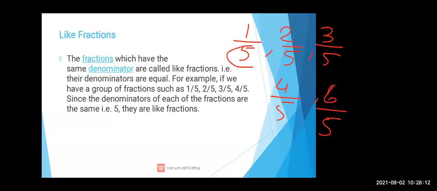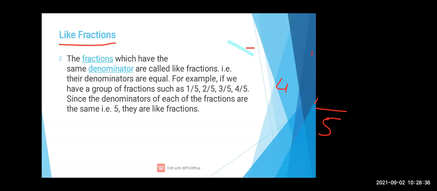Now here the denominator, देखो सबका denominator क्या है, same है, 5, 5, 5. So what is like fraction? Like fraction is the fraction where the denominator, जो denominator है वो same होता है. So this is called as like fraction.